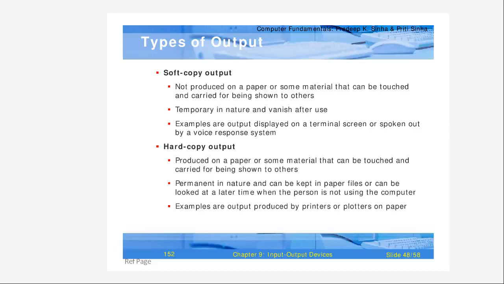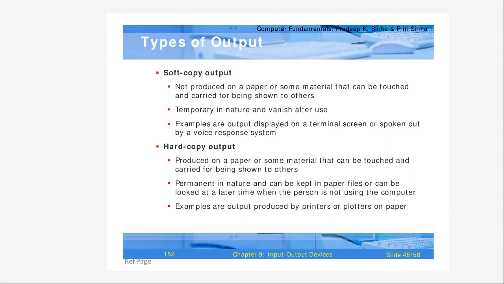और some materials that the user can carry for showing to others or for filing and use when he is not using a computer. Okay, why is it called temporary in nature?